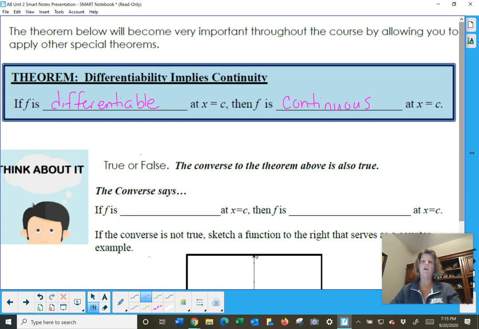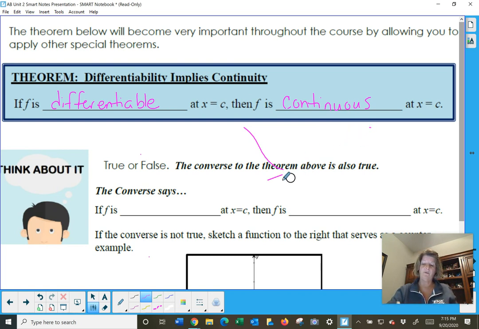So in order to be differentiable, it has to be continuous. If I had a gap, then I certainly don't have a derivative there. It has to be connected. We have to have nice smooth connections in order to draw a tangent line and say that a derivative exists.